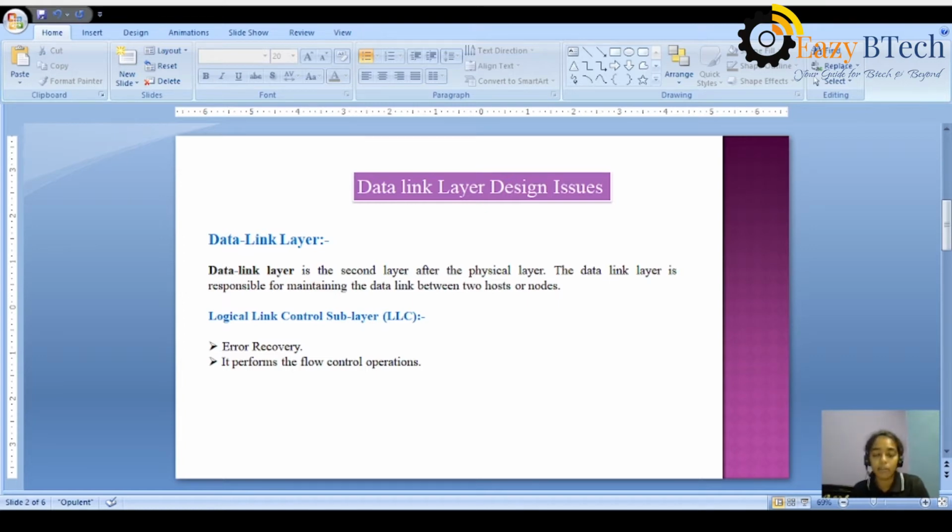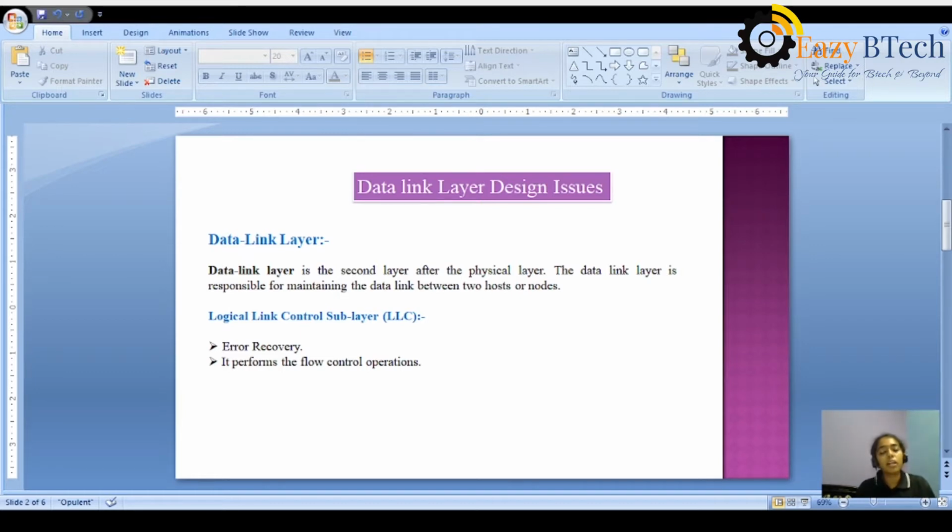Point to point delivery, or we can say node to node delivery or device to device delivery, right? In the data link layer, our data is in the form of frames. What is meant by a frame? It is a collection or a group of bits, and it belongs to the second layer, right? And what are the different responsibilities we have in the data link layer?